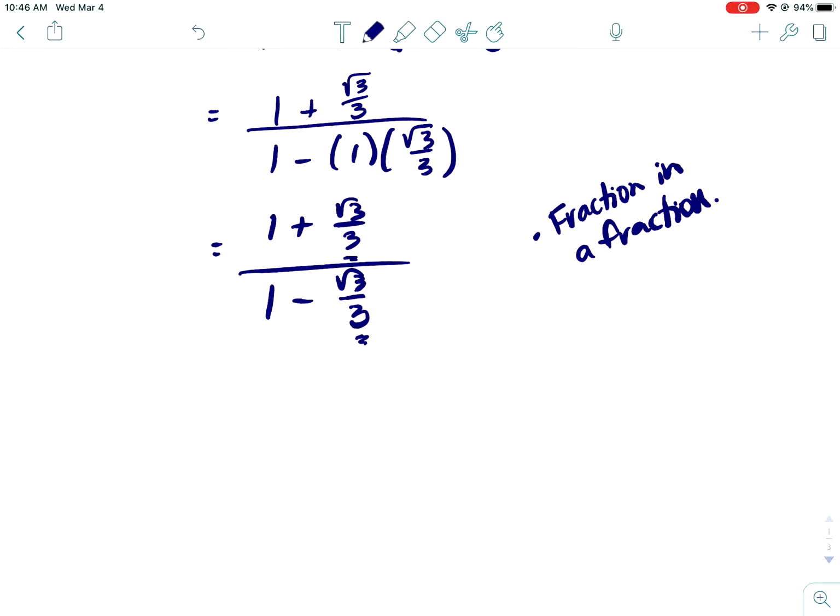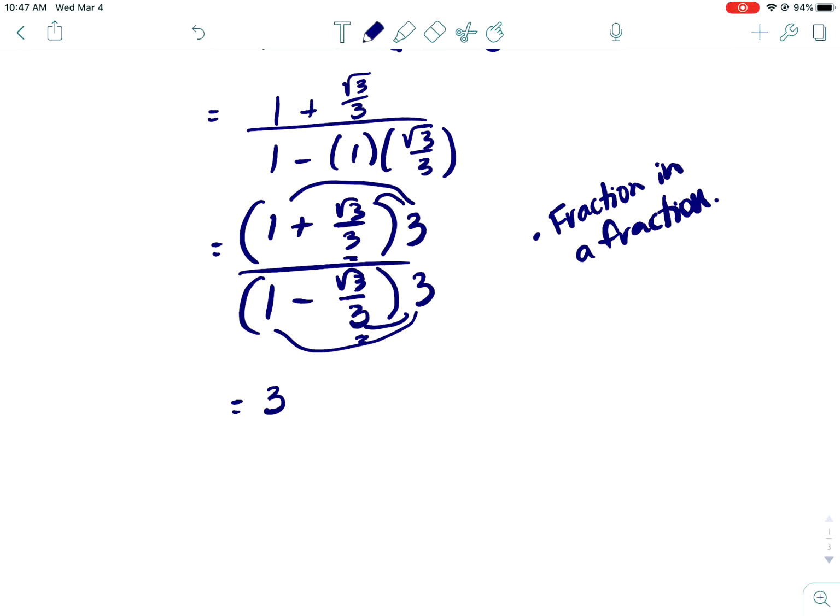What can I multiply the square root of 3 over 3 by so I don't have a fraction anymore? Just 3, yeah. And it's perfectly legal on a fraction to multiply the numerator and denominator by the same value. It changes the way it looks, doesn't change the value. All right, and then make sure you do distribute those 3's.